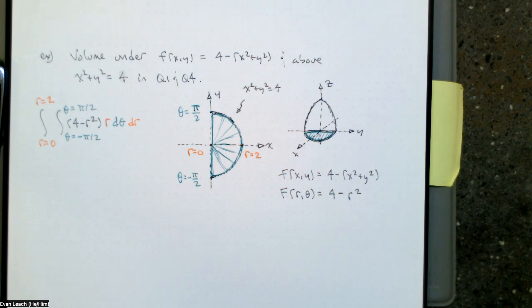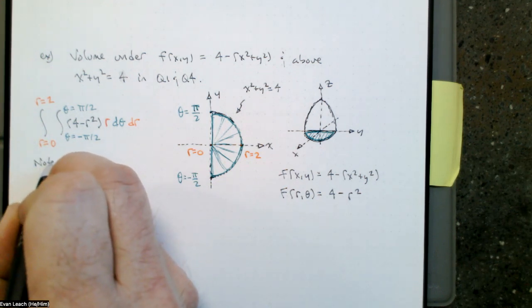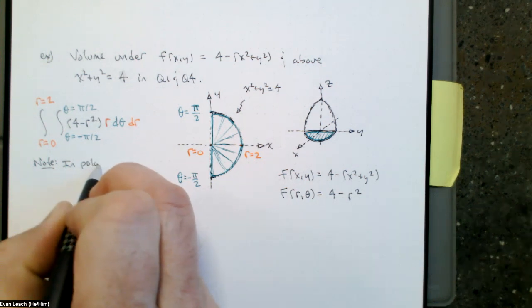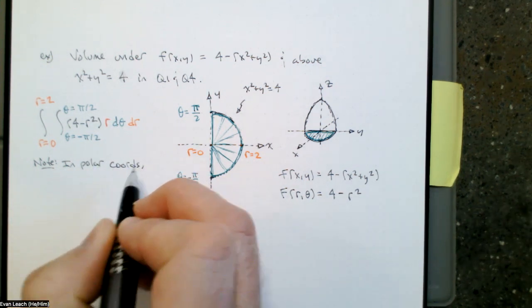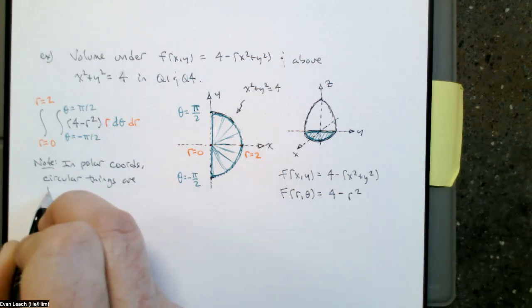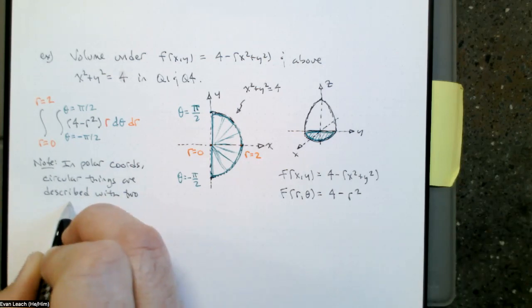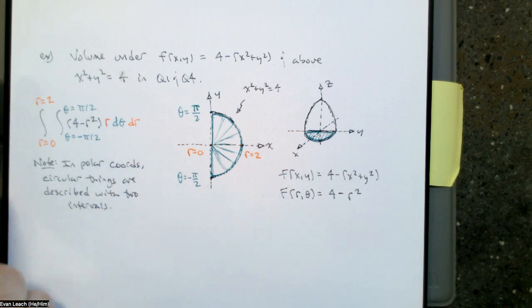The thing we want to notice here is that in polar coordinates, circular things are described with two intervals.